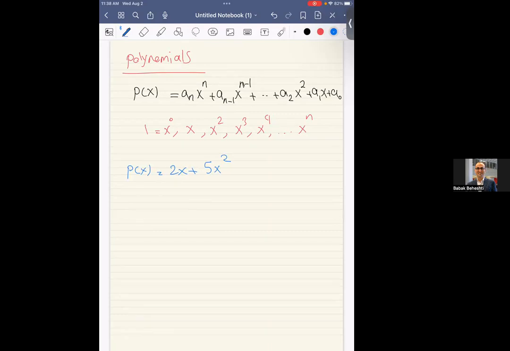So Maggie, tell me one polynomial. Just give an example. This is Maggie's polynomial: 3x cubed plus 7x squared. You can stop here, but you can add more terms if you want.